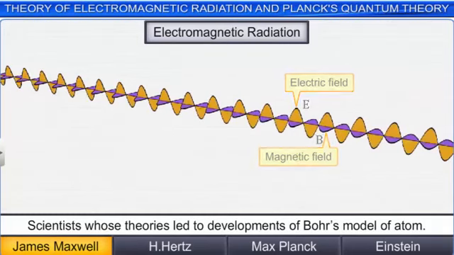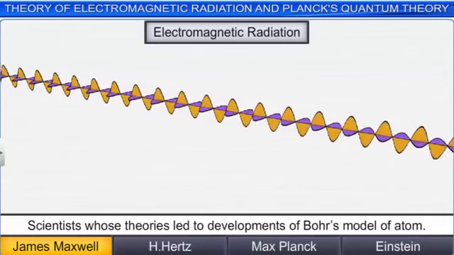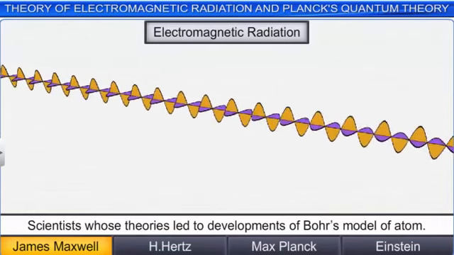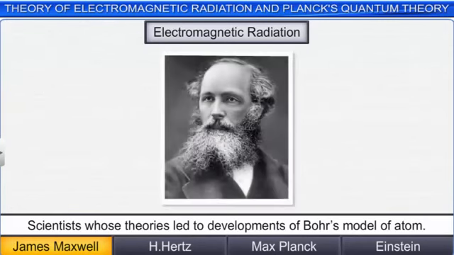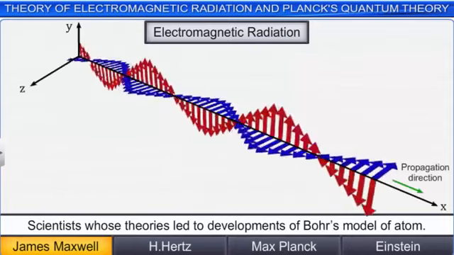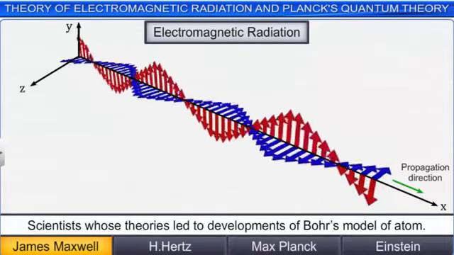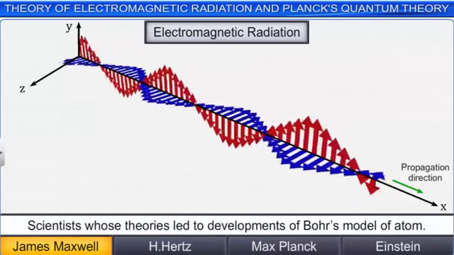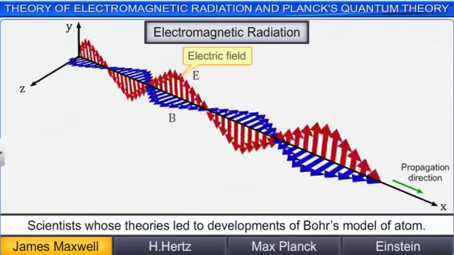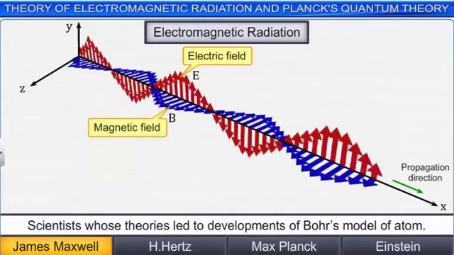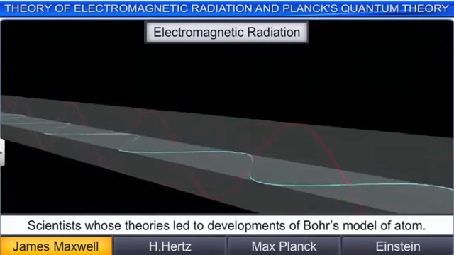Such waves, which are produced due to the periodic motion of charged particles, such as electrons, are called electromagnetic waves. This is suggested by James Maxwell. Note that the name electromagnetic radiations is attributed to the waves that consist of oscillating electrical and magnetic properties. An electromagnetic wave can be represented as shown.